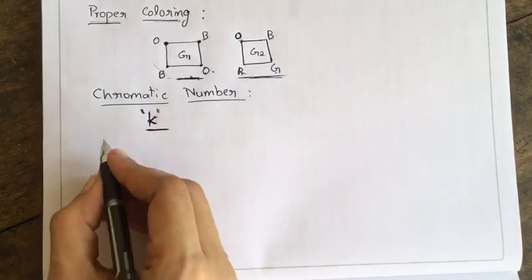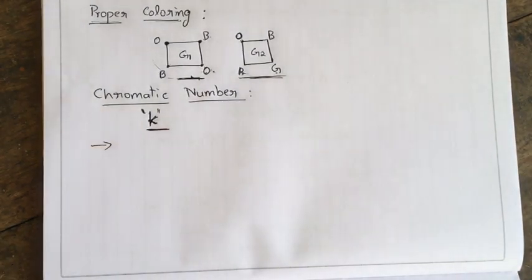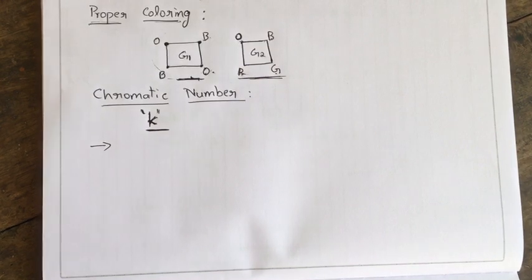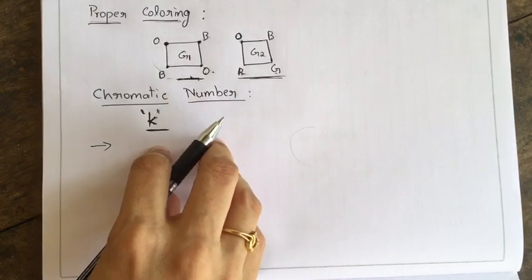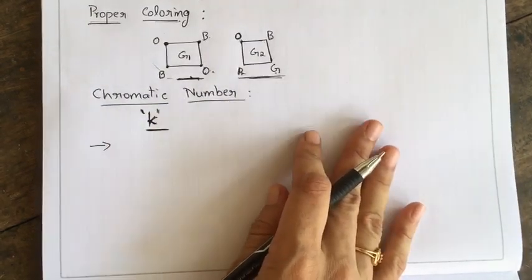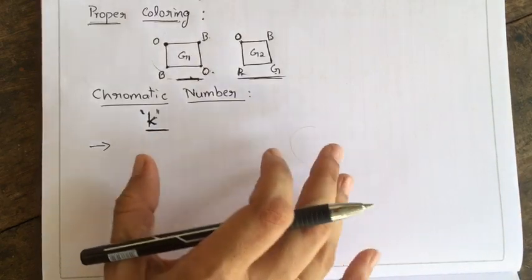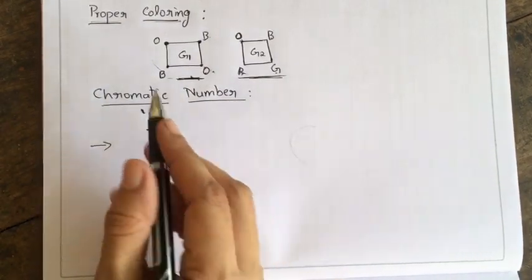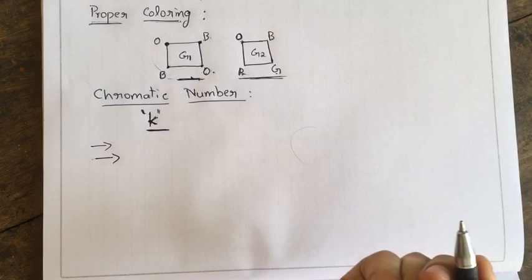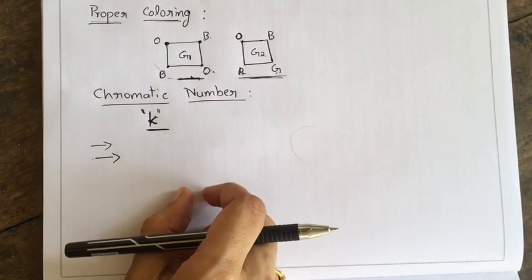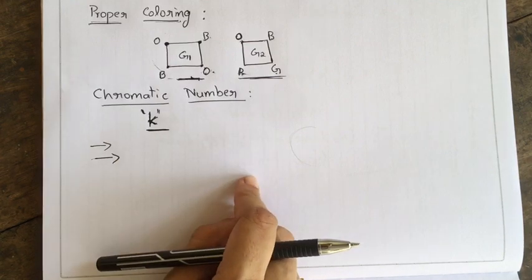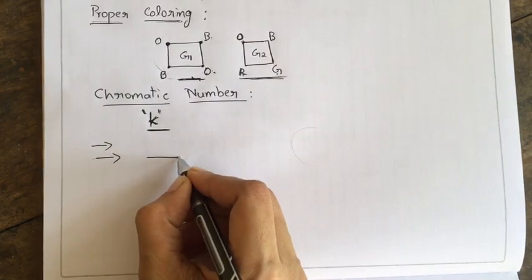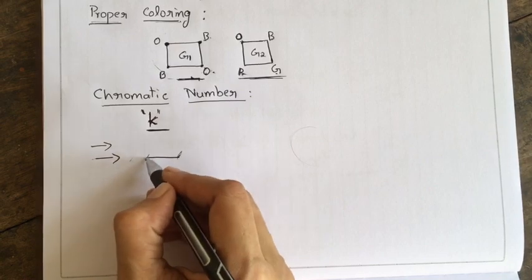While coloring the graph, please note these things. We do not consider disconnected graphs because when I consider a disconnected graph, the coloring of one component will not affect the coloring of the other. So we consider only connected graphs for the coloring problem. And if I have parallel edges between two vertices, they can be replaced by a single edge without affecting the adjacency.